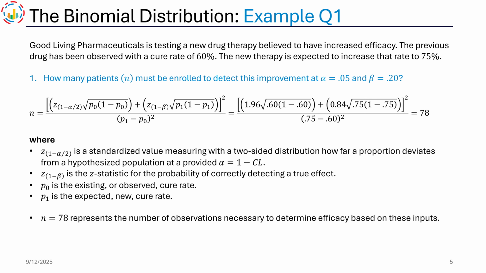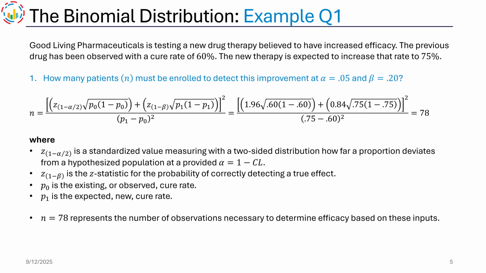Alpha represents the probability of what's known as a type 1 error, where the null hypothesis of no statistical significance is incorrectly rejected when it is actually true. Next, the expected probability of failing to reject the null hypothesis when the alternative of statistical significance is true is set at 0.20. This is the critical value from the type 2 error risk. Beta corresponds with power, or probability of correctly detecting a true effect, of 1 minus beta, or 80%.